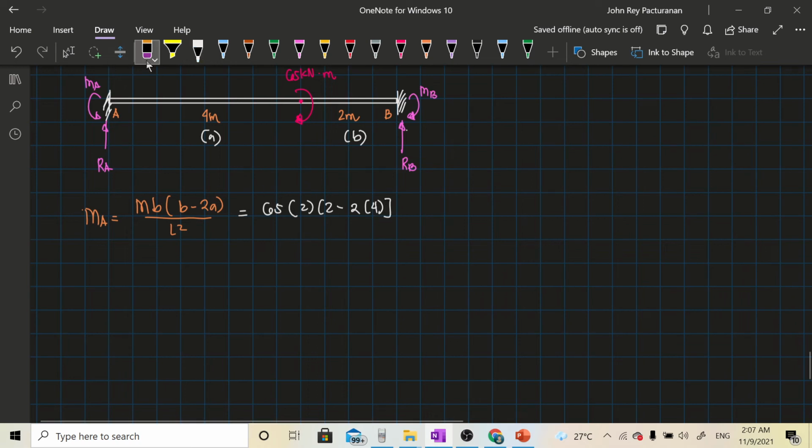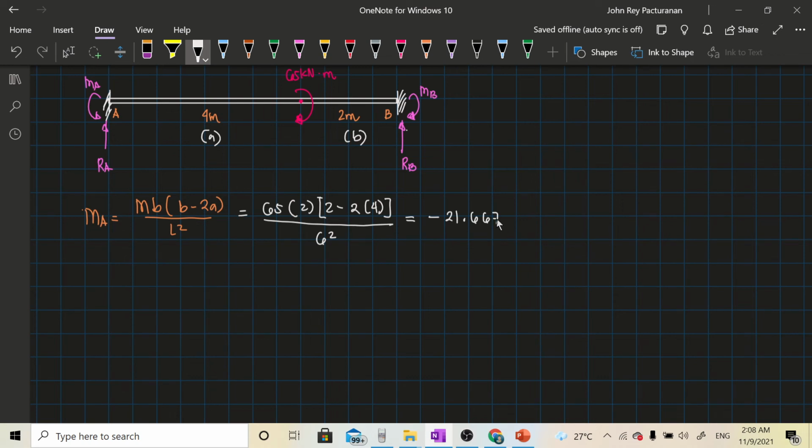Mali lang yung aking pagkalagay, dapat bracket over 6 squared. Okay, so yan yung solution natin. 65, 2 minus 2 times 4, no? Tapos, ano ba yung next step? Divided by 6 squared. So, ang sagot natin is negative 21.667.